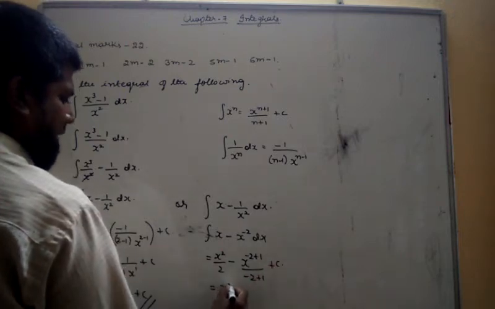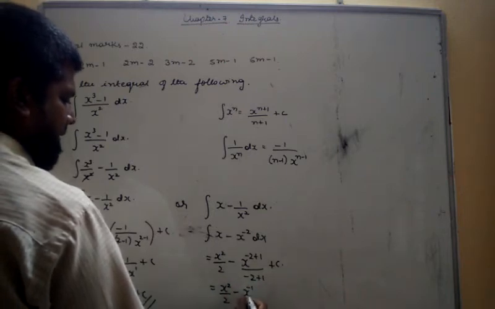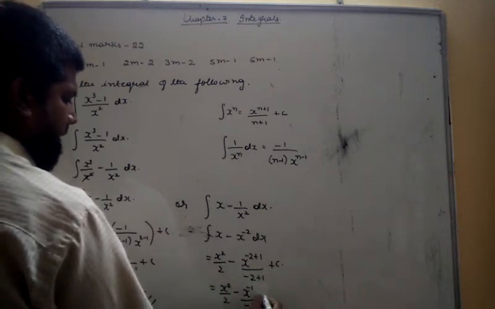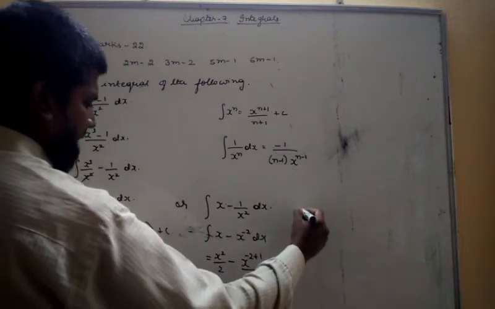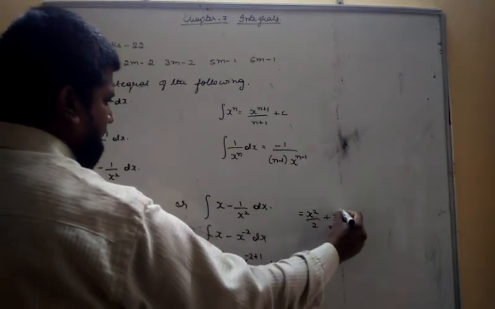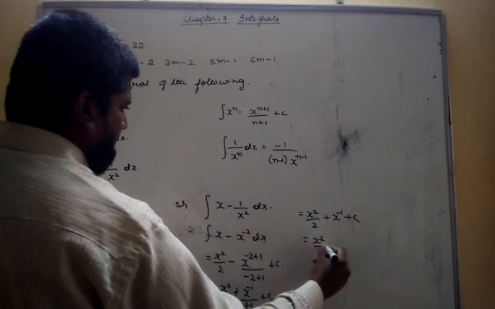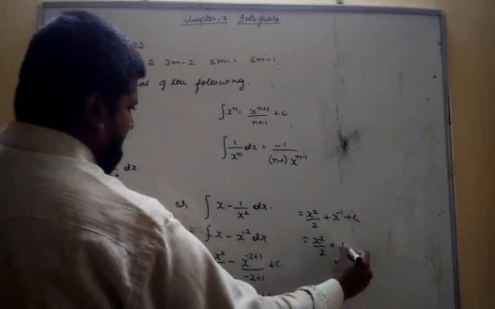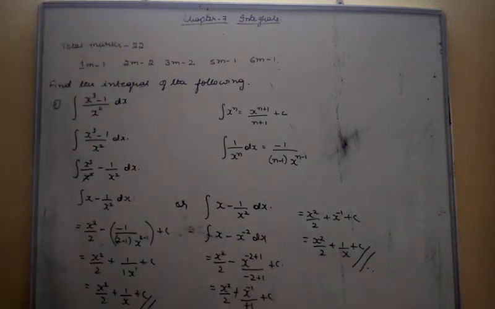Then x square by 2 minus x to the power of minus 1 by minus 1 plus c, and the minus signs get cancelled. Then we can write it as x square by 2 plus x to the power of minus 1 plus c, or x square by 2 plus 1 by x plus c. So this is the answer. Okay.